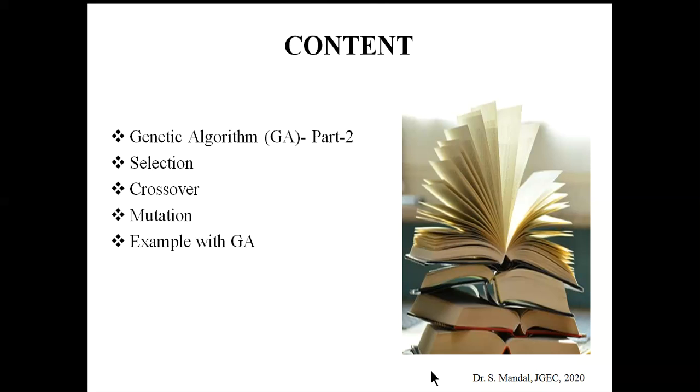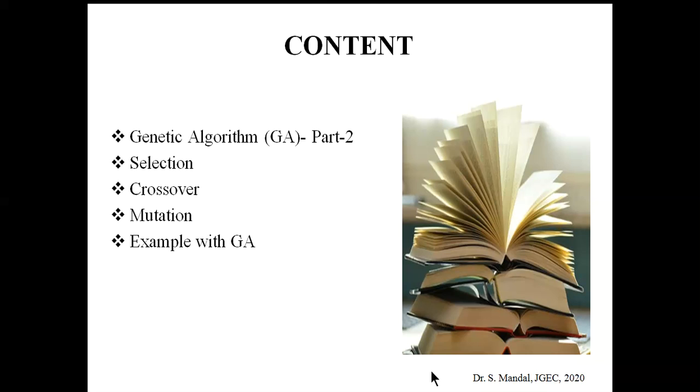In the earlier class, we have already discussed the operation of the basic genetic algorithm, and we have also observed the corresponding flowchart of GA. GA is basically an optimization technique which is inspired by the theory of Darwin, that is the survival of the fittest.